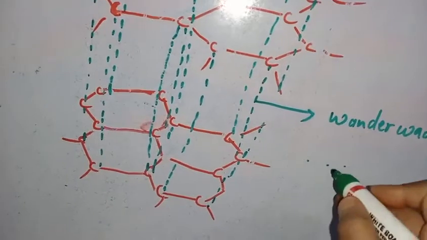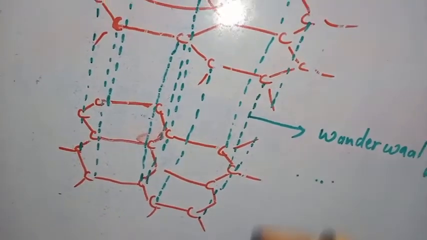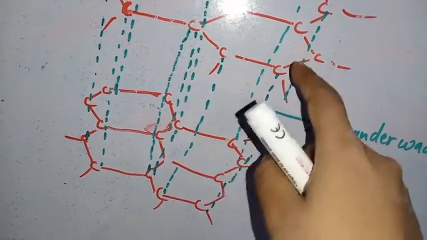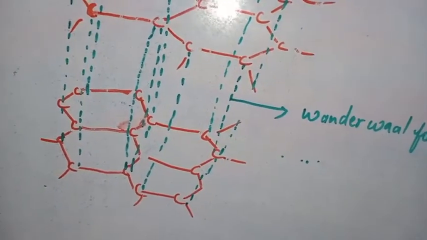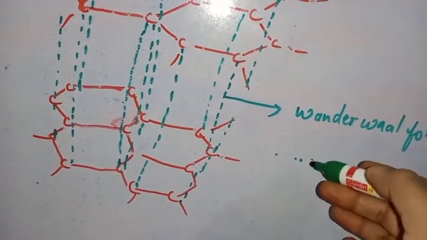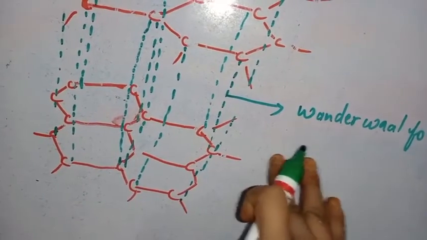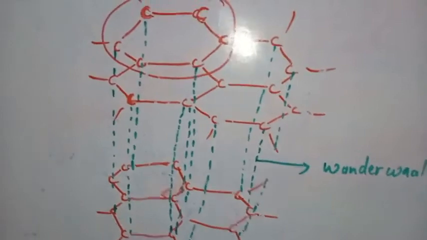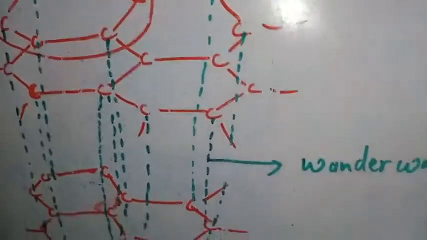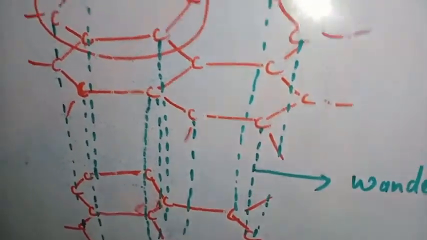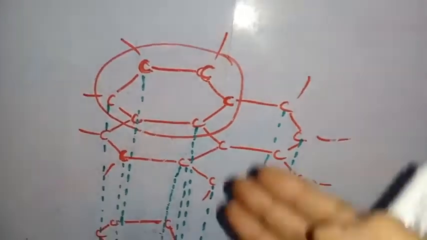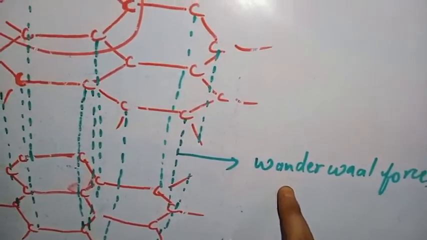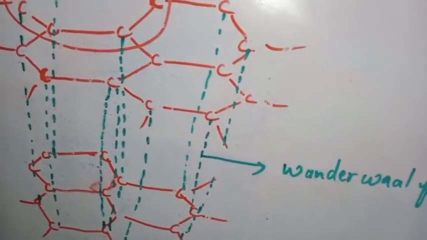That's why when you press the graphite, the layers break and they fall on the paper, which makes you able to write. Understood? So this is about the structure of graphite, where the sheets of layers are held together by a very weak force, that is called van der Waals force of attraction.